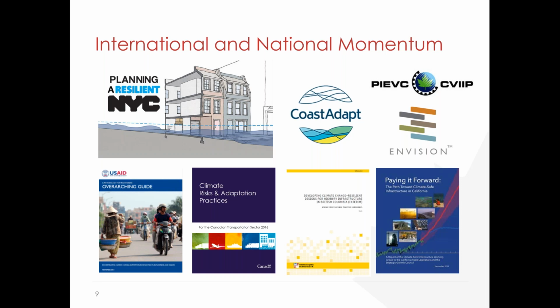Finally, I've also included some of the work of the BC engineers and geoscientists who have produced guidelines for incorporating climate resilience in the design of highway infrastructure in BC, and I believe we'll hear a bit more about that via Dirk.